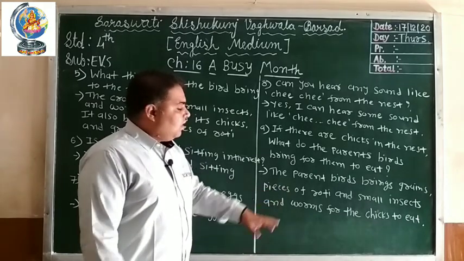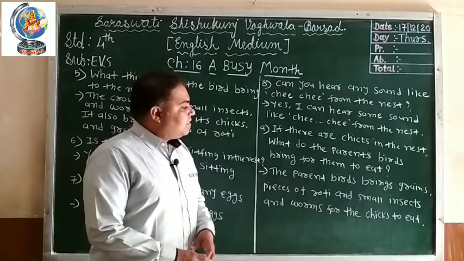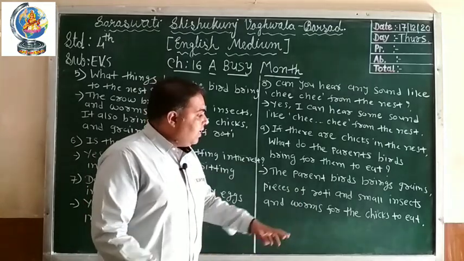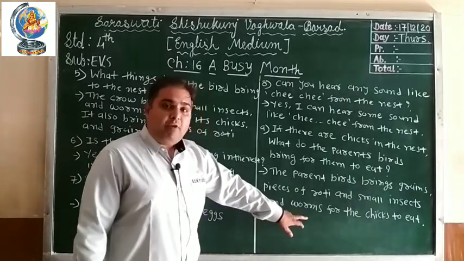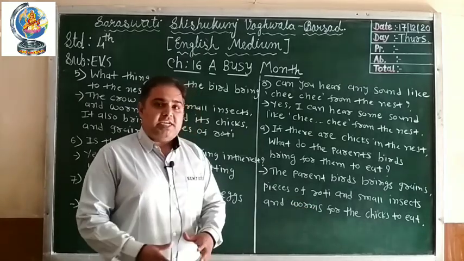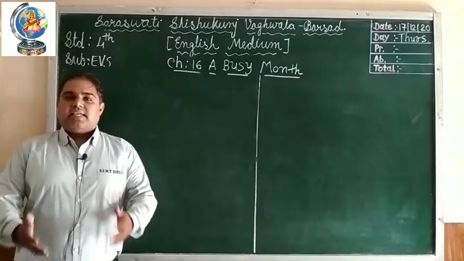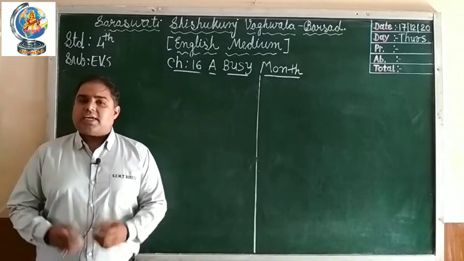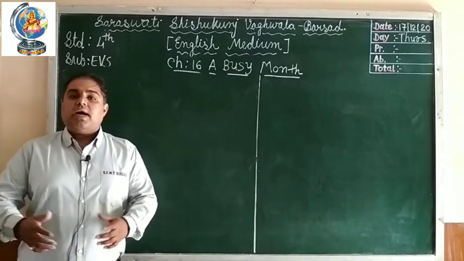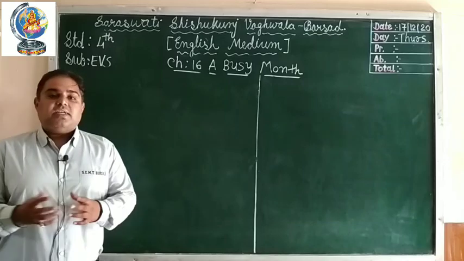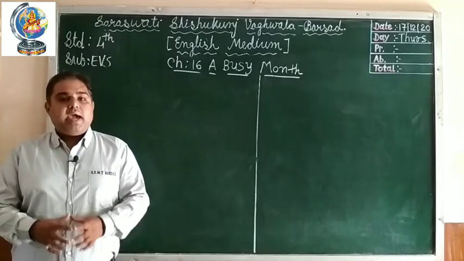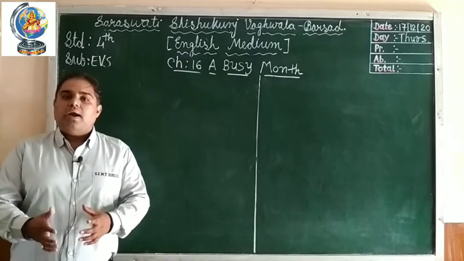So the answer is, the parent birds bring grains, pieces of roti and small insects and worms for the chicks to eat. Students, the last question is, after how many days did the chicks leave the nest? The answer is, the chicks leave the nest and fly away after about 1 month.